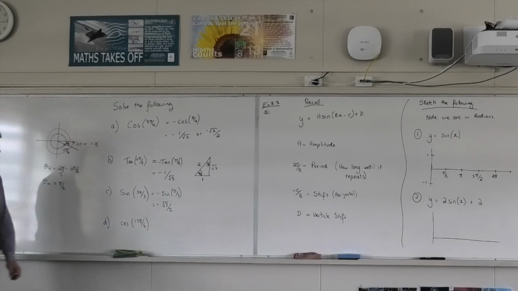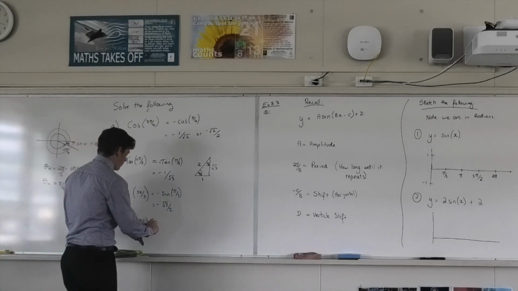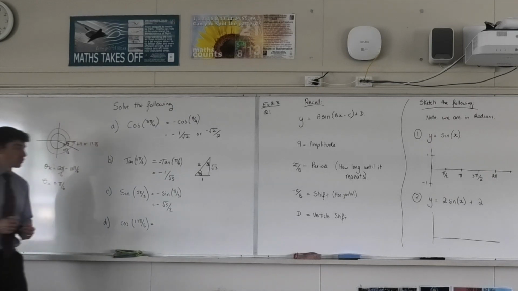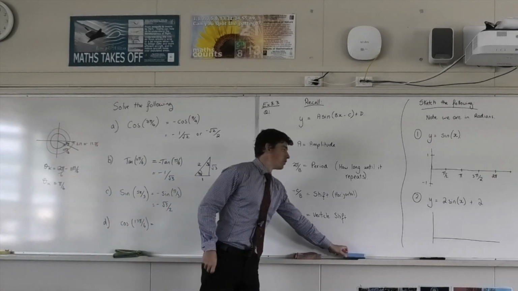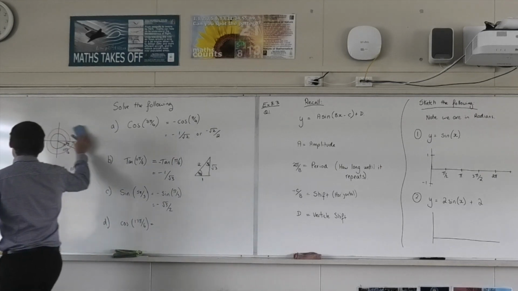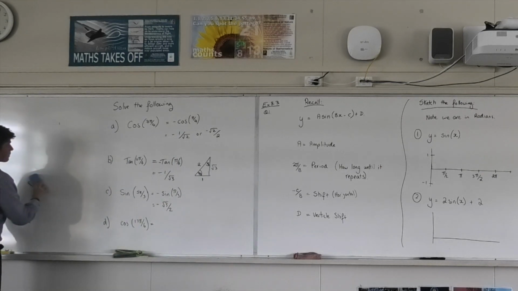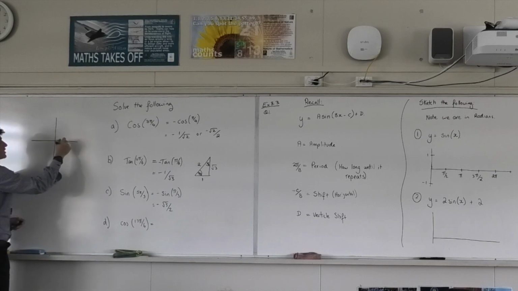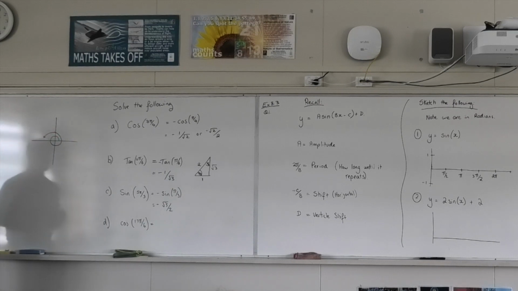And the last one, why is it a bit different? It does a full rotation plus a little bit, so I'm going to redraw this. I'm a little bit unsure, so I'm going back to my strategy: draw, and identify my key angle. 17 pi on 6 is like doing a full rotation plus another fair bit of a rotation.